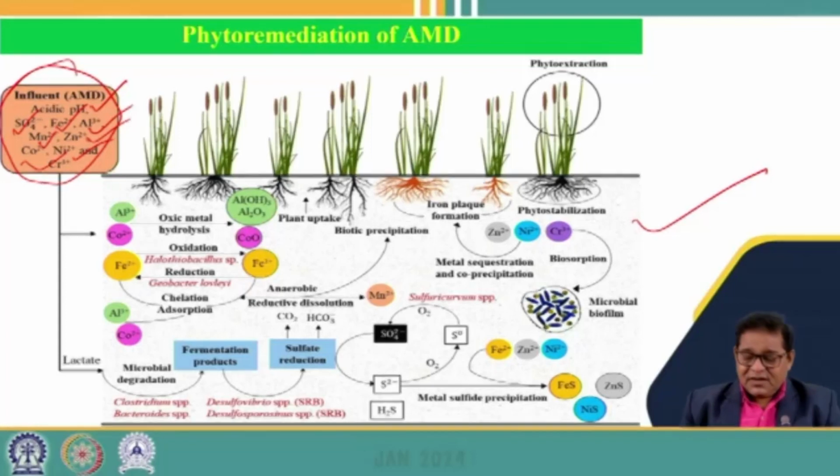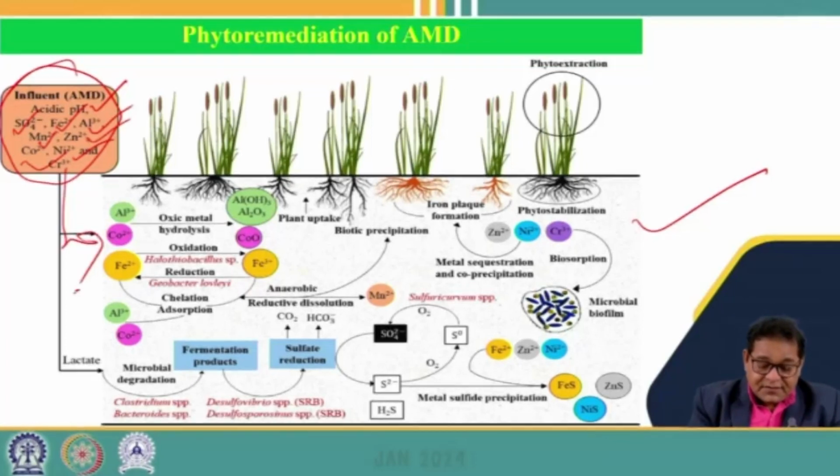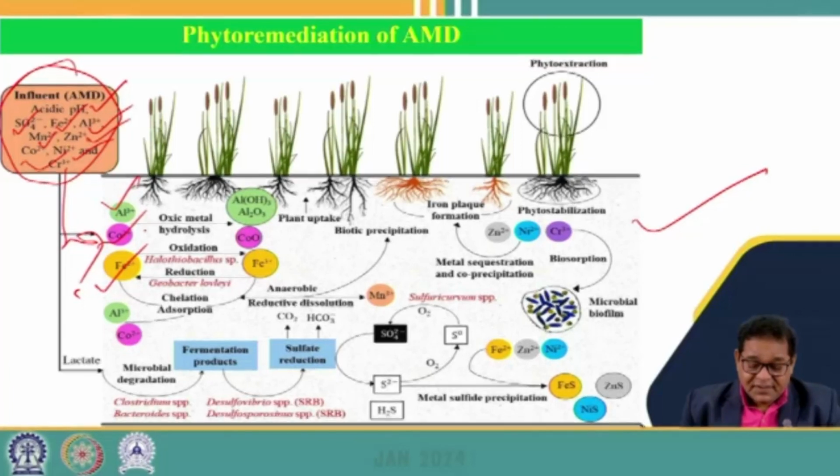The phytoremediation process is based on the use of phytochemical absorption of heavy metals present in acid mine wastewater. In the first stage, the metals present in different oxidation states are oxidized. Some of them, like iron, get oxidized to ferric iron, and aluminium gets precipitated in the form of aluminium oxide or aluminium hydroxide through oxic metal hydrolysis.